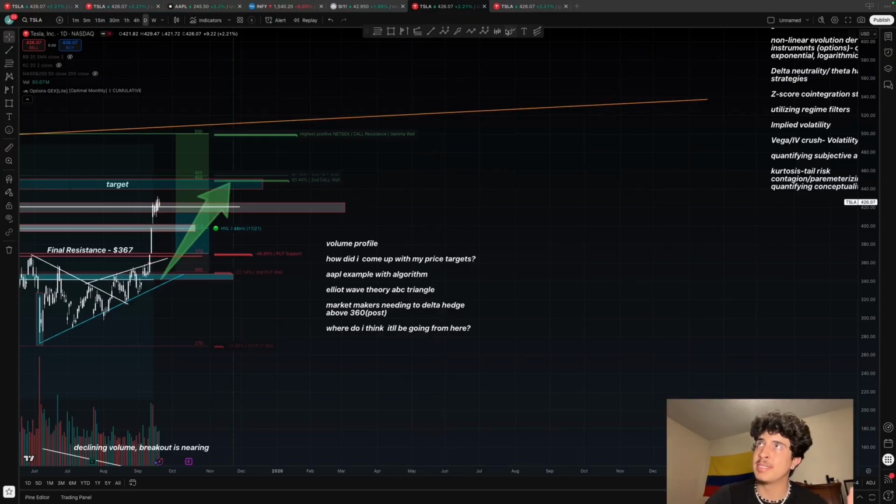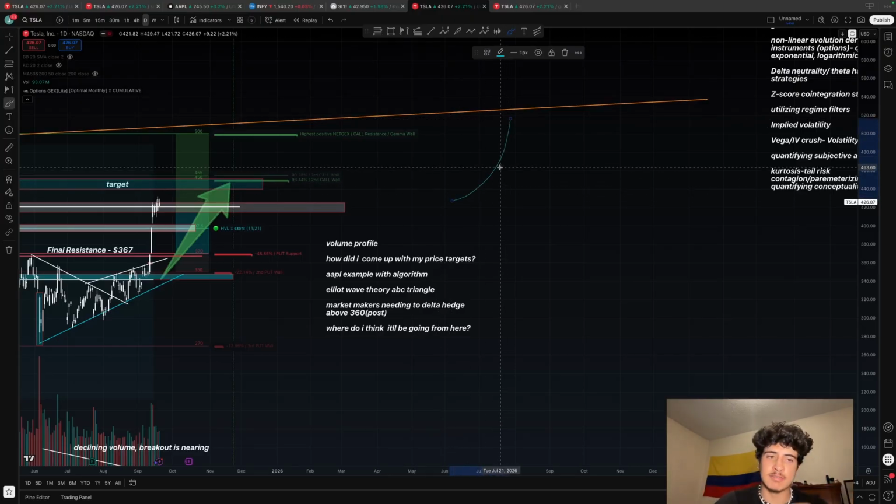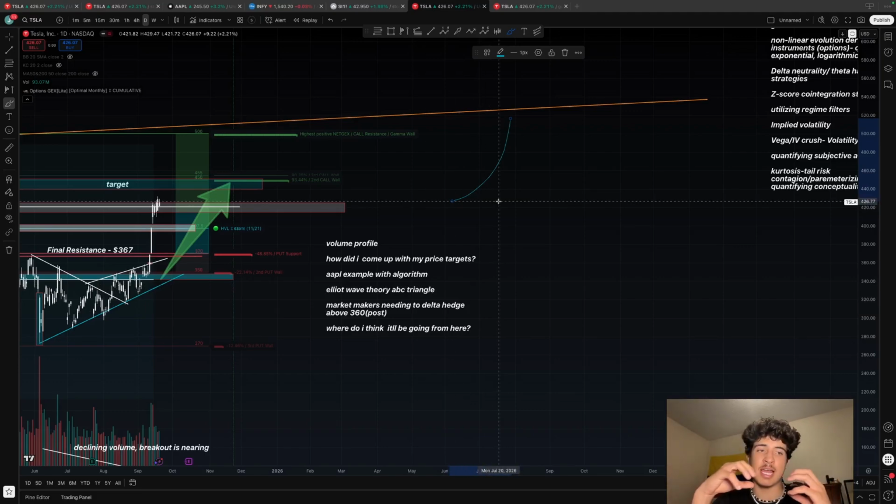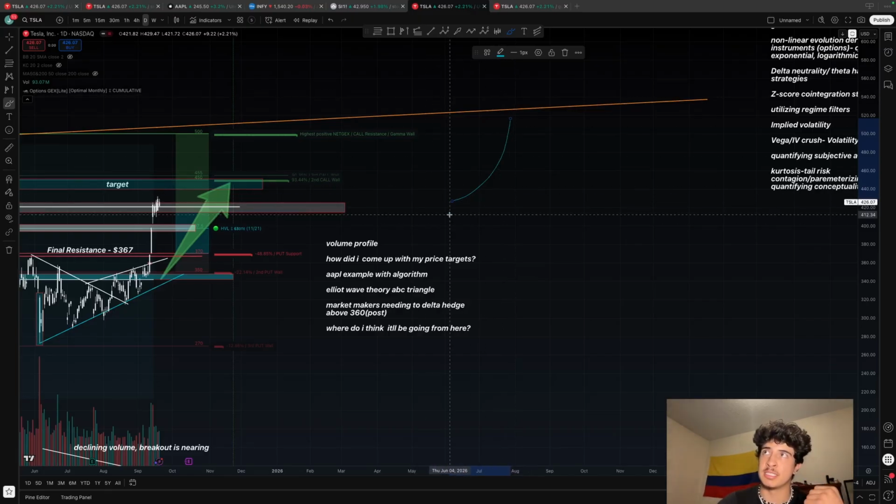Now, if we go back to the beginning of the video where we talked about how price evolution is nonlinear, it's exponential, right? So if price goes up too much, that positioning they have, that equilibrium, breaks because of the exponentiality behavior of options.